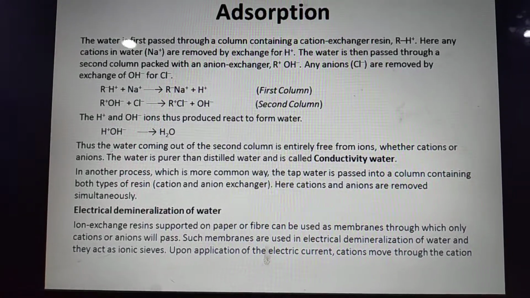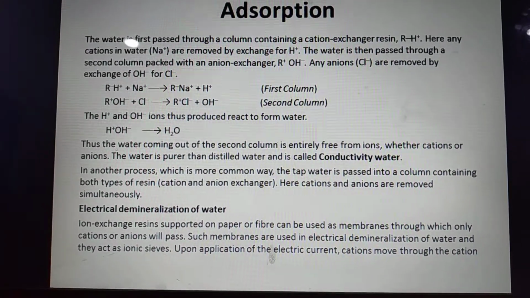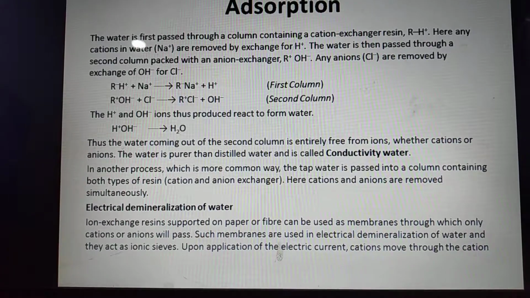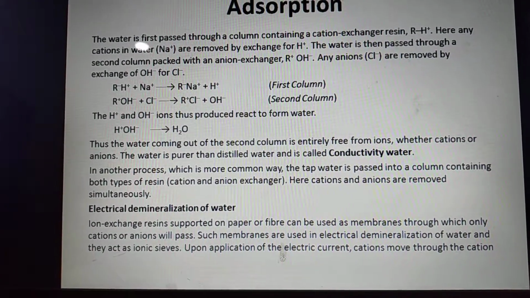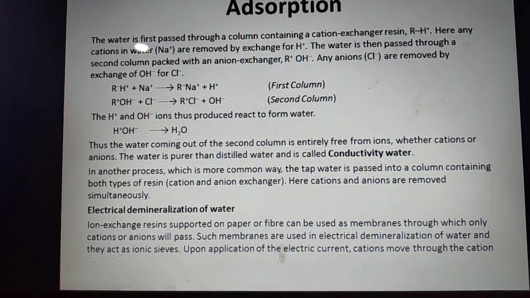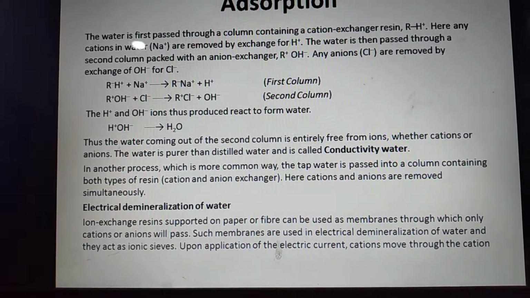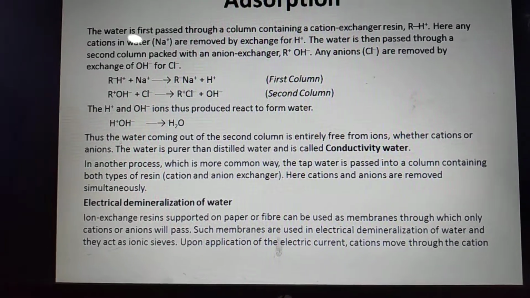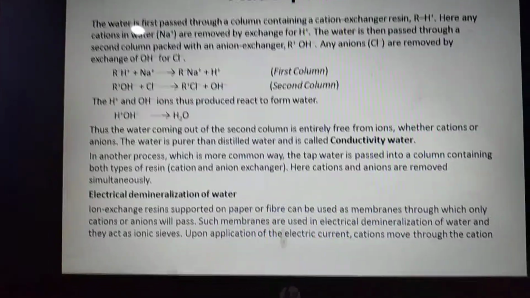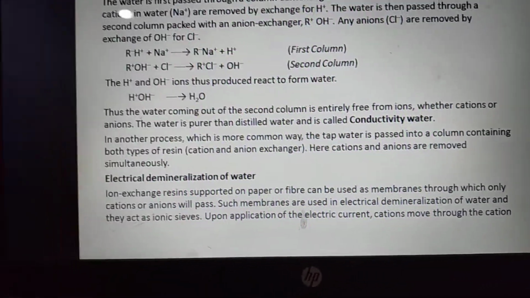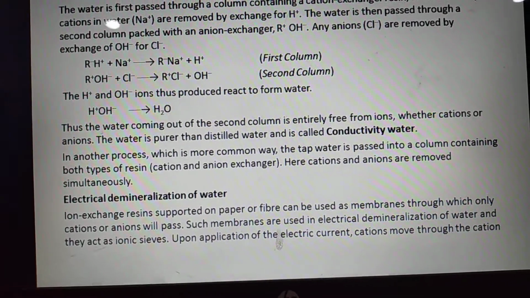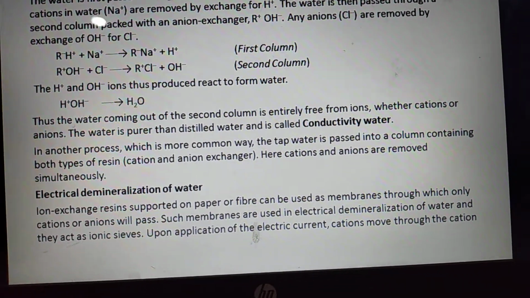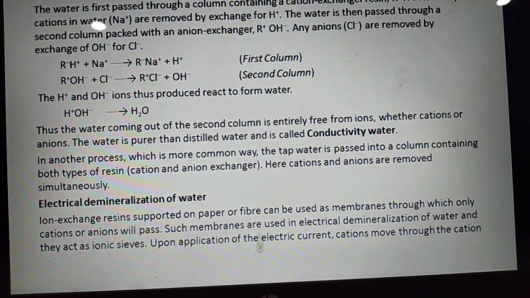In the first column sodium is taken up in place of the hydrogen, and in the second, resin chloride is formed. Hydrogen and hydroxyl thus react to form water. So the water coming out of the second column is entirely free from all ions, whether cations or anions.